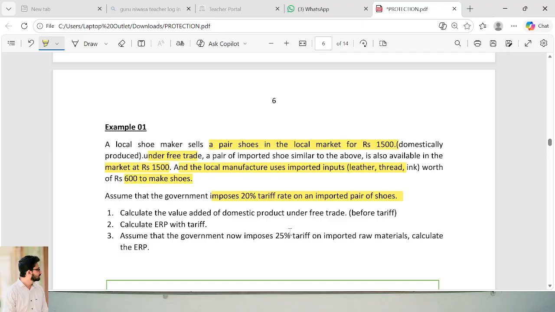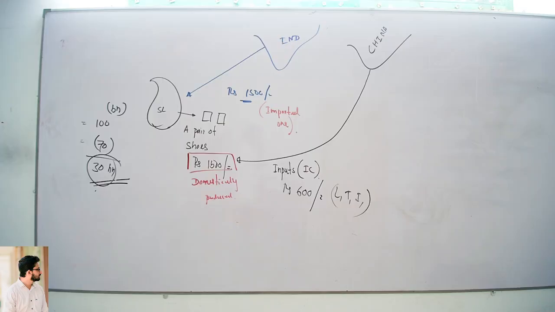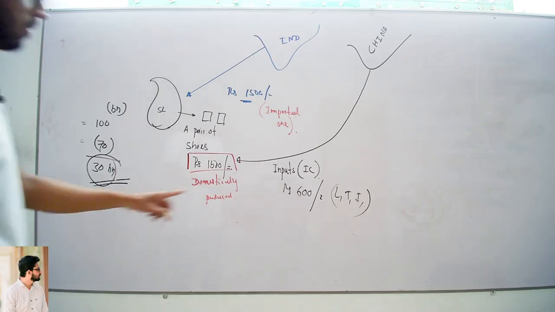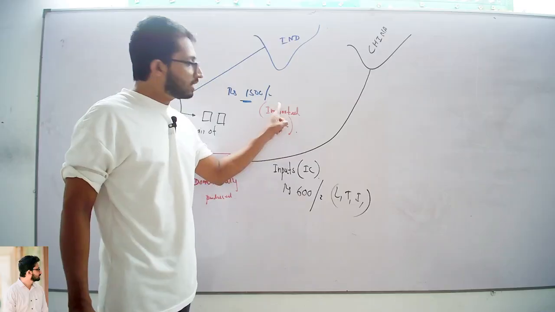Now assume that the government imposes a 20% tariff rate on the imported pair of shoes. Does the government impose the tariff on imported raw materials or imported final goods?